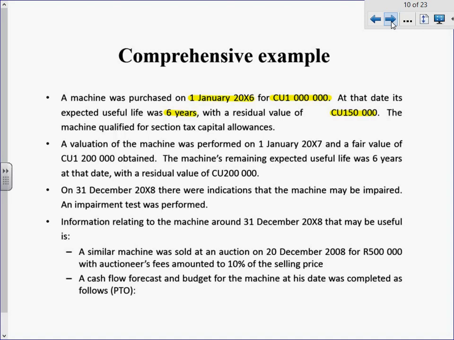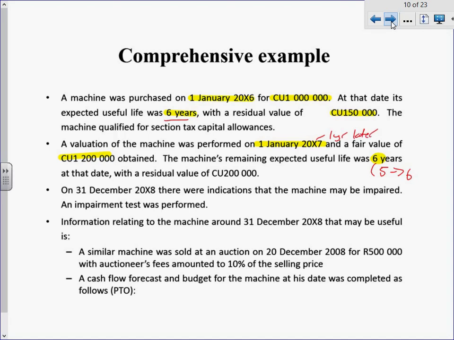A valuation of the machine was performed then on the 1st of January 20x7, and a fair value of 1.2 million was obtained. The machine's remaining expected useful life was 6 years. You'll take note, it was 6 years when we bought it. Now, a year later, it's still 6 years. So, it should have been 6 minus 1, well, 1 year later, 5 years left at the end of this, right?